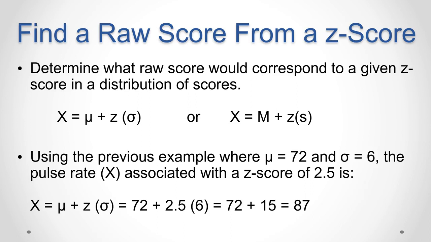Remember, pulse rates had a mean of 72 and a standard deviation of 6. So the raw score x is equal to 72 plus 2.5 times 6, which equals 72 plus 15, which is equal to 87. So the interpretation here is a z-score of 2.5 corresponds to a pulse rate of 87.